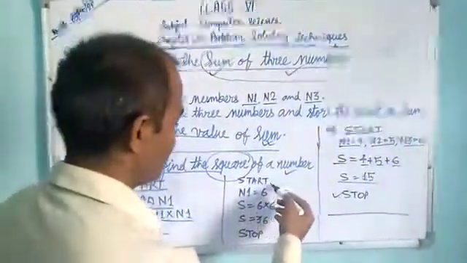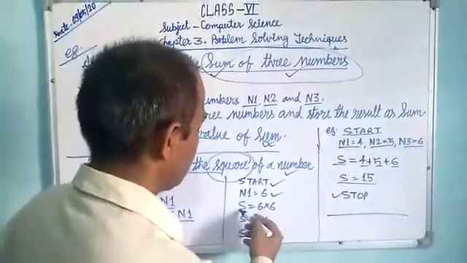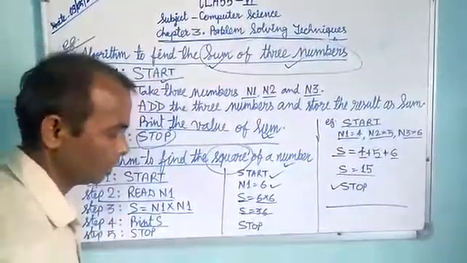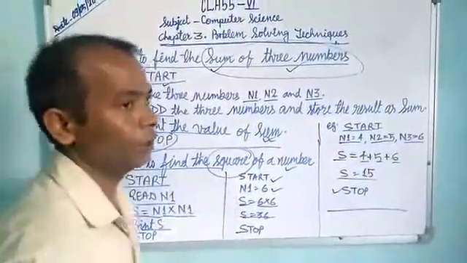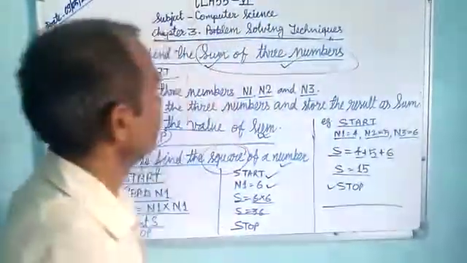So here is the start, and then we are taking the number 6, and square is 6 into 6, we are getting the result here 36, and then stop. In this way we are writing the program and finding the results.